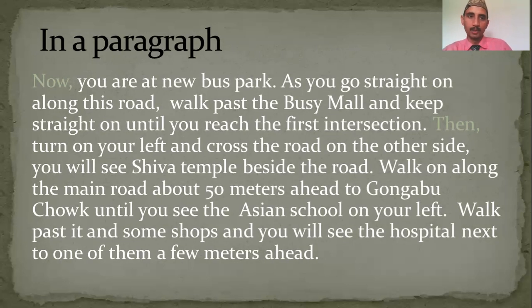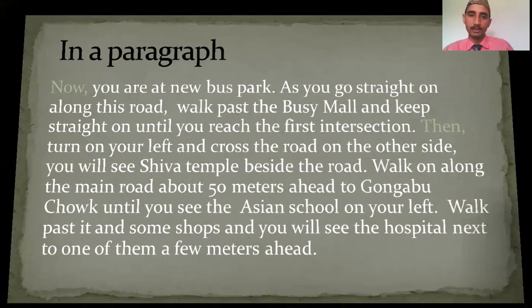Okay, so you have to use the connectors, imperative sentences with proper punctuation, capitalization, comma, full stop, okay. And on average, let's say more or less 10 sentences, let's say 8 sentences, okay, more or less.